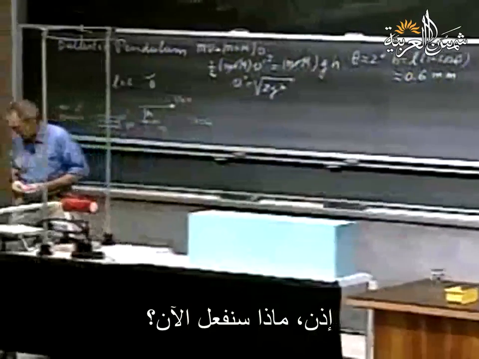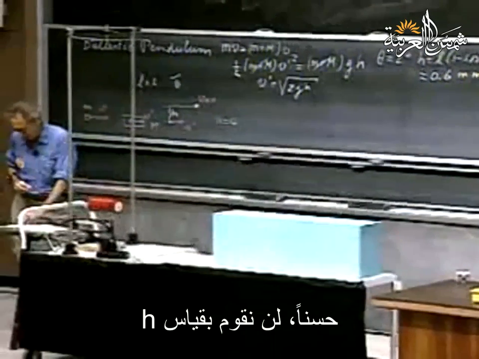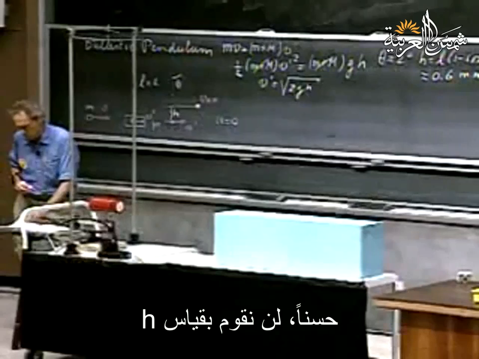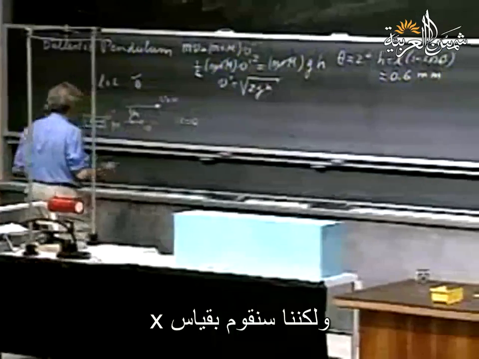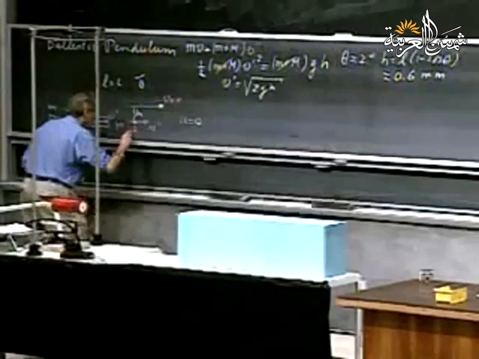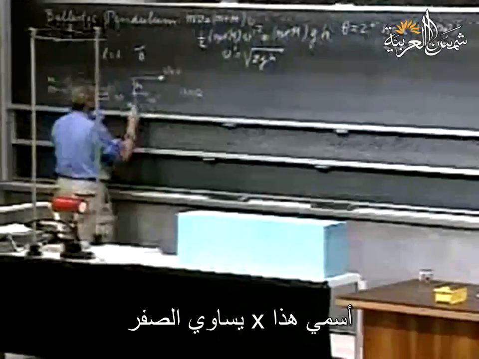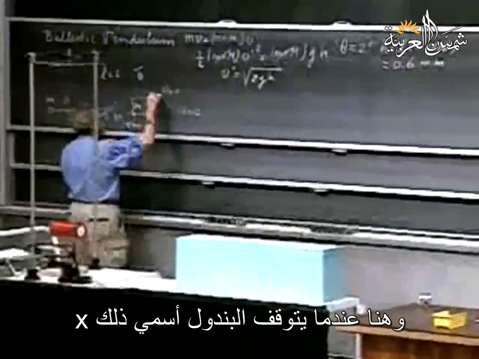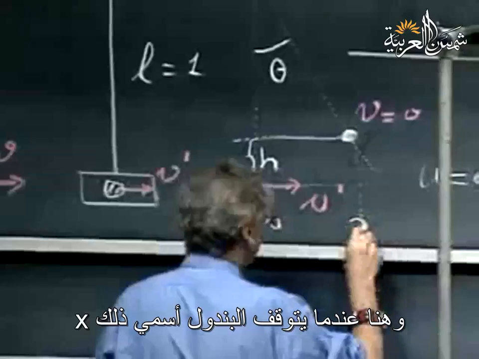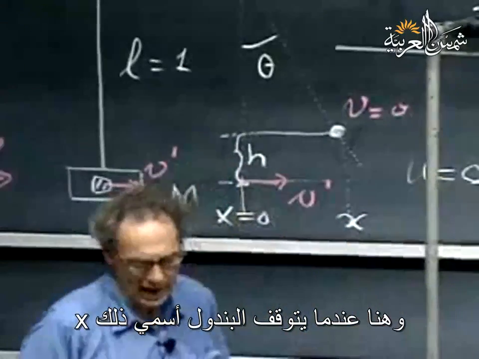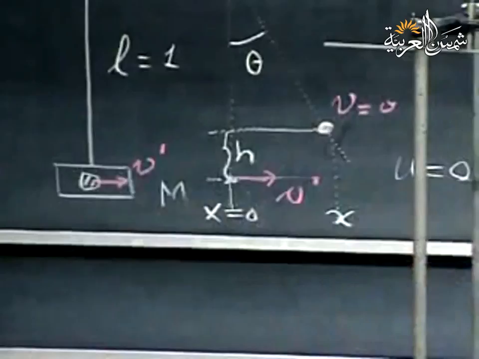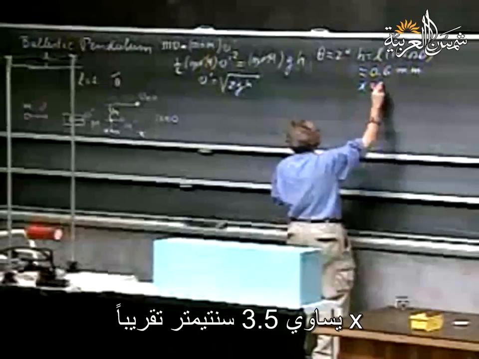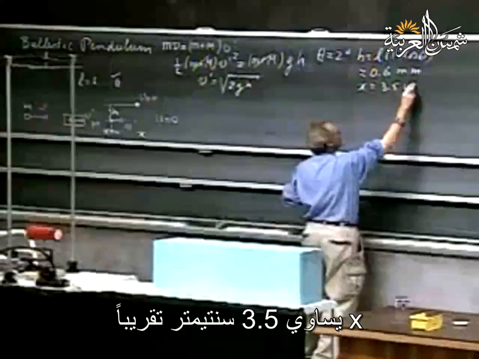So what are we going to do now? Well, we are not going to measure h, but we are going to measure x. I call this x equals 0. And here, when the pendulum comes to a halt, I call that x. For a 2-degree angle, x is approximately 3.5 centimeters.